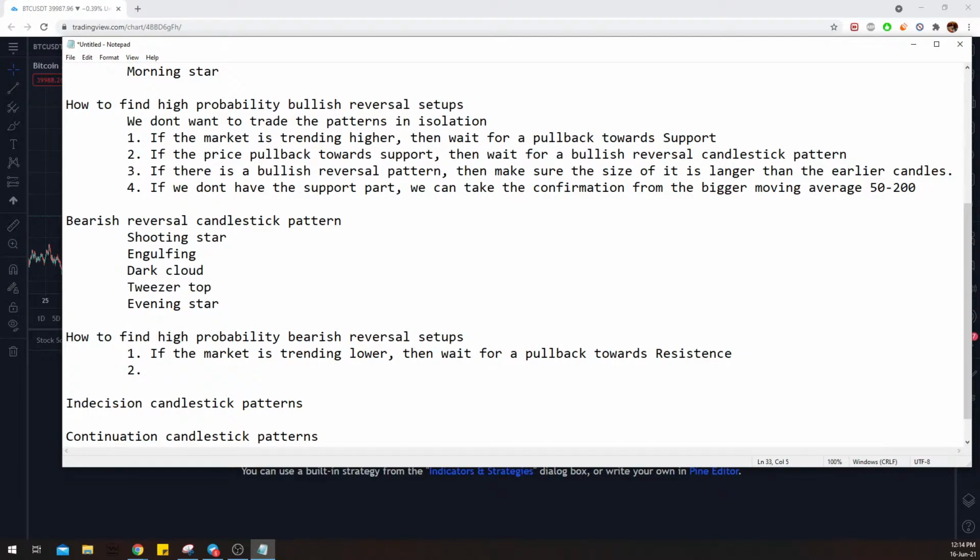Second, if the price pulls back towards resistance, then wait for a bearish reversal pattern.